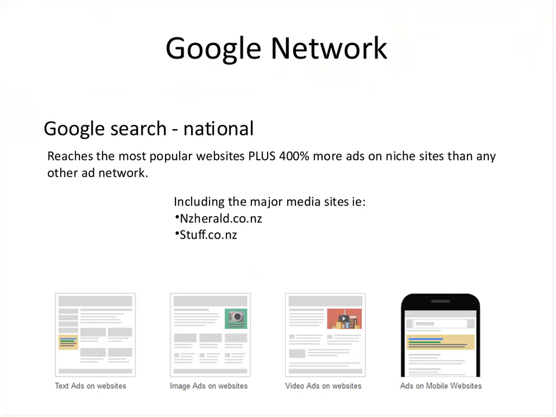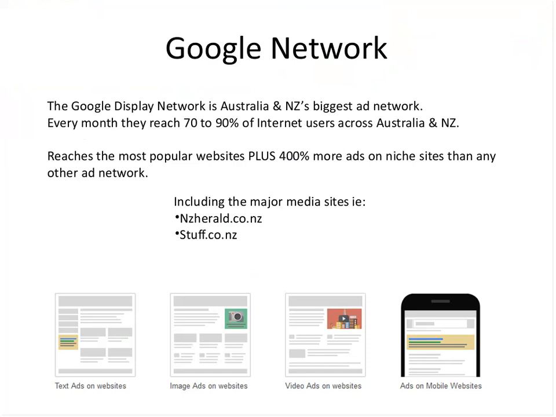Okay, so let's move on to talk about what else Google does. Google also runs a display network. Most people think of Google as just search because it's such a strong brand and everybody associates search with Google that I think it's easy to forget that there's so much more than that.